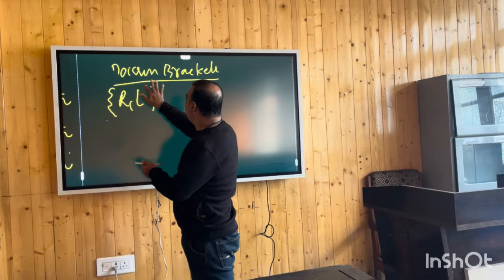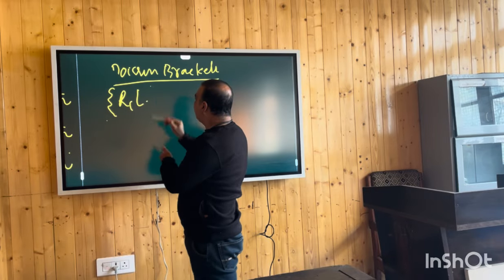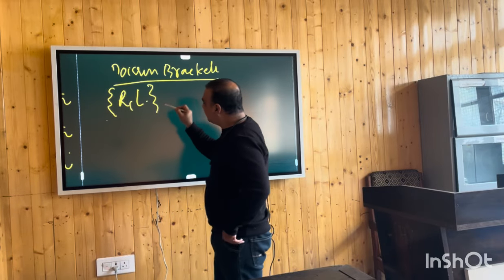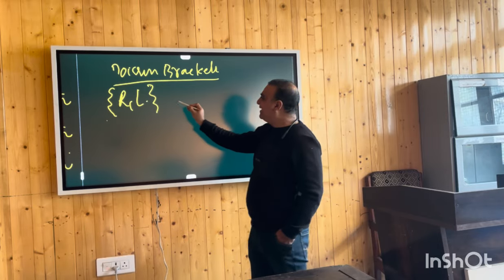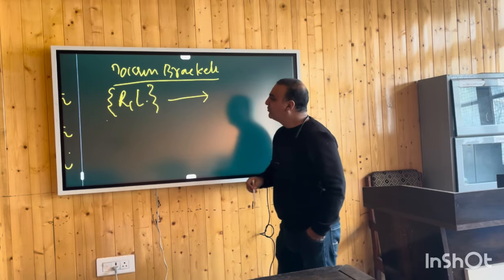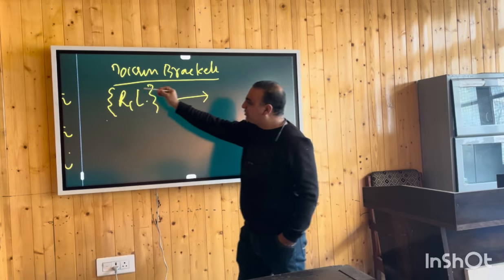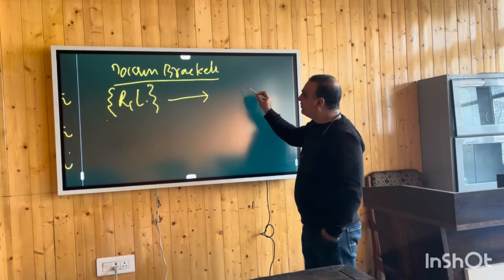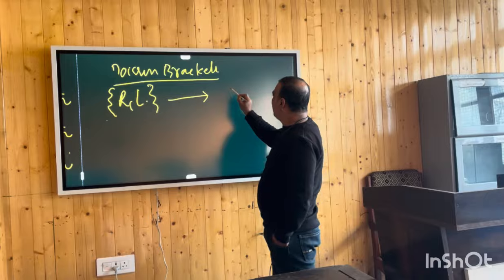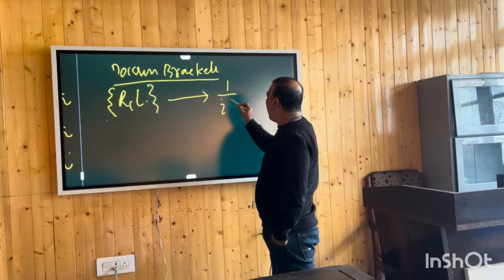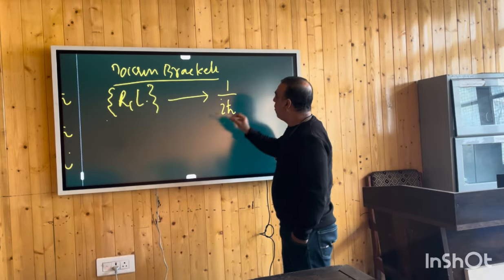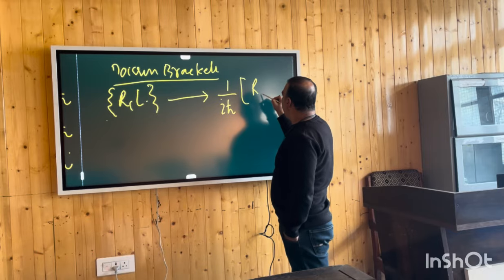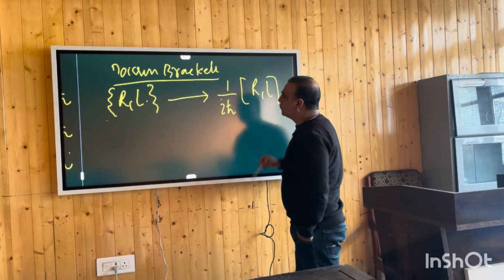And to tell the story in quantum mechanics, I replace this Poisson bracket by a commutation, but I divide it by iħ.